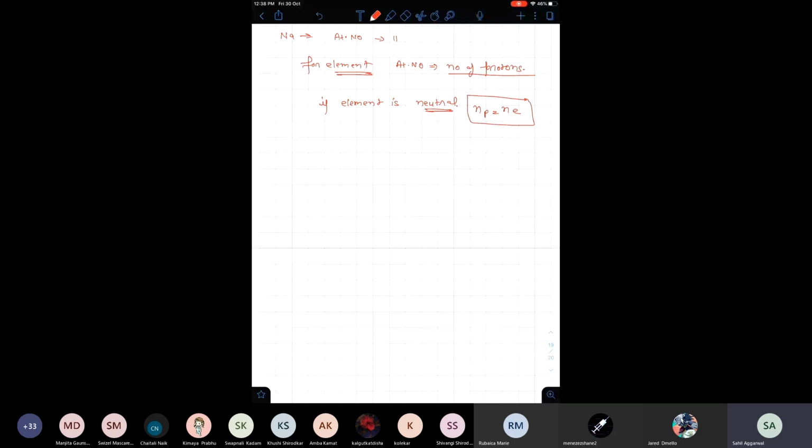Any doubt till here? ठीक है, that means सोडियम का atomic number 11 है, it has 11 protons and 11 electrons.